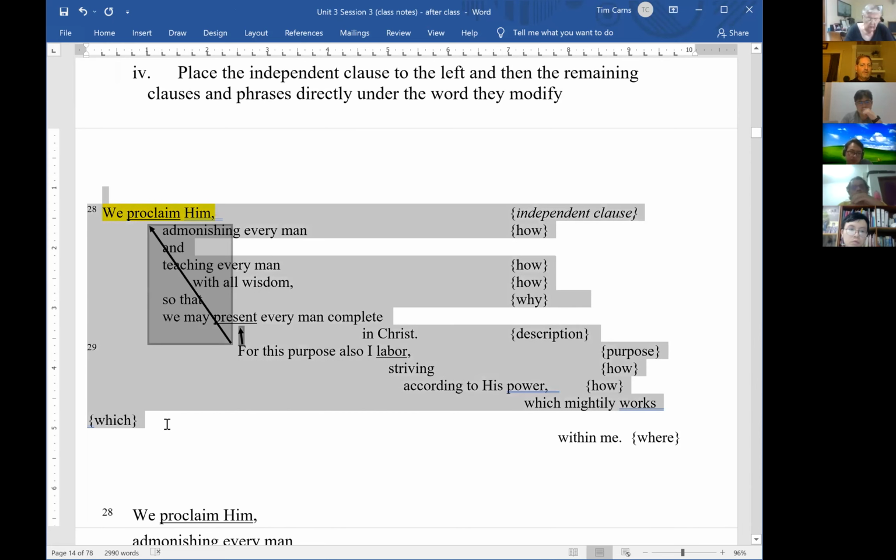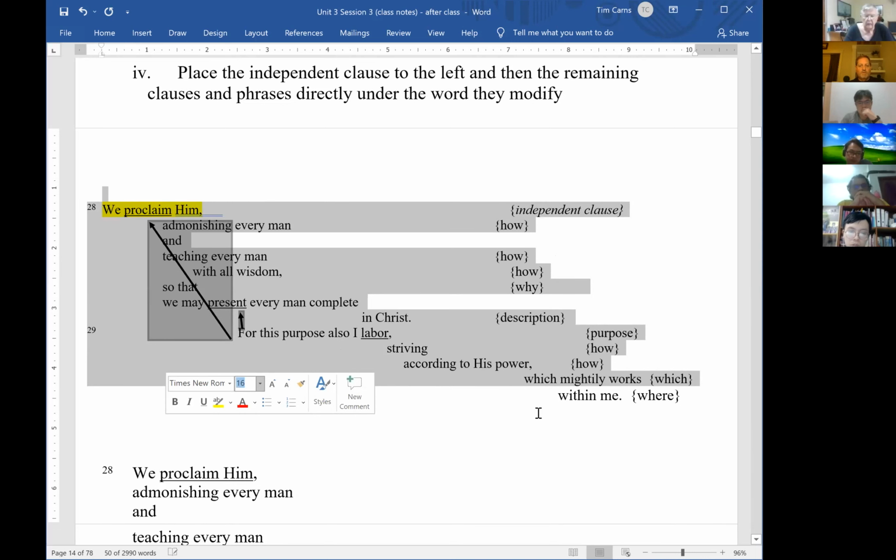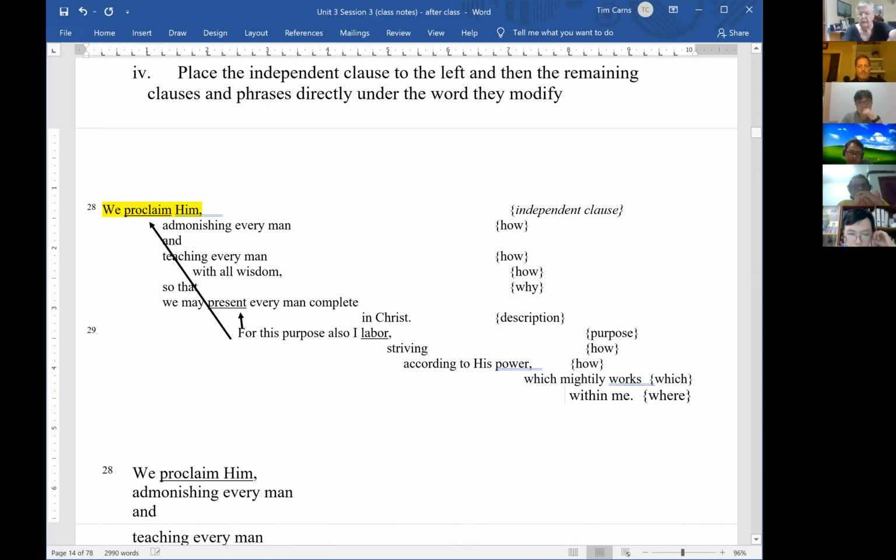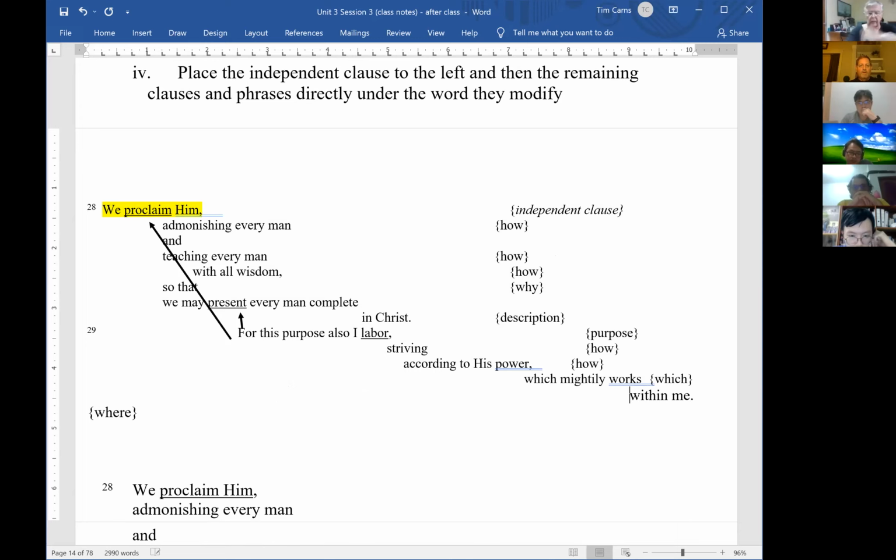And it looks like we're going to have to make it a little smaller. Okay. So I think for this purpose may be a better fit to the closer verb, which is present.